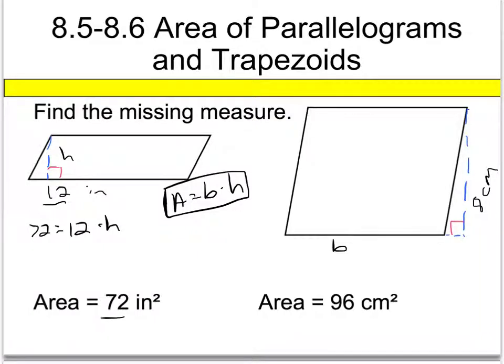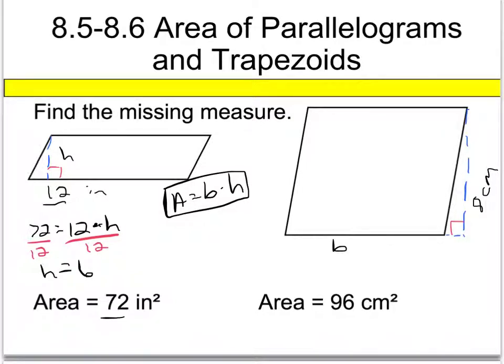Now remember from our one-step equations, we have to undo the operation of what's happening. We see that it is multiplying, so we need to divide. So we're going to divide by 12 on each side, and 72 divided by 12, and our height, not our area, our height is going to be what? You got it. We're going to have 6.